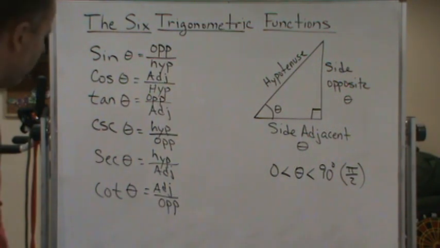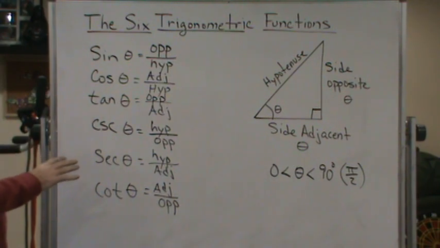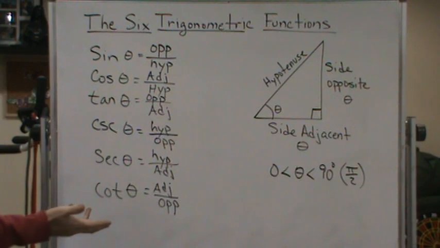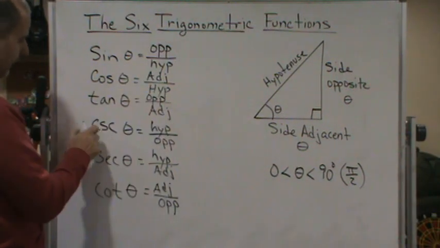And so again, you want to make sure that you memorize these. One way to memorize these is to memorize SOHCAHTOA. SOHCAHTOA comes from the relationship of the first 3.